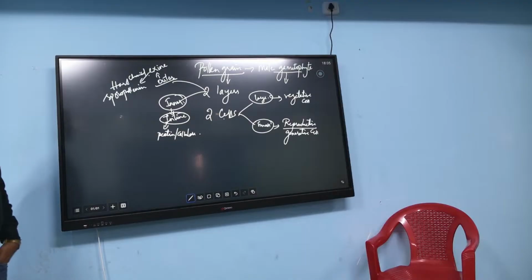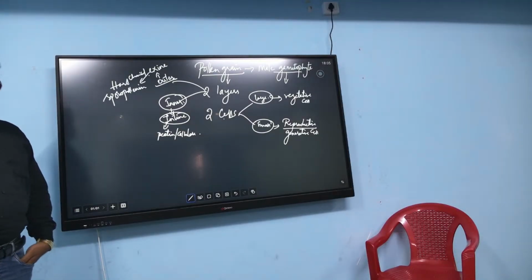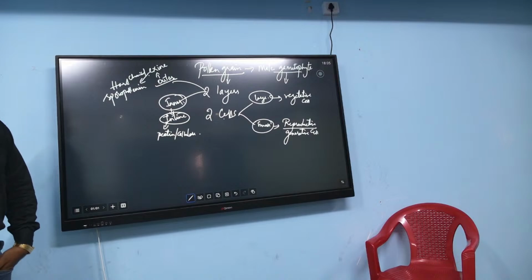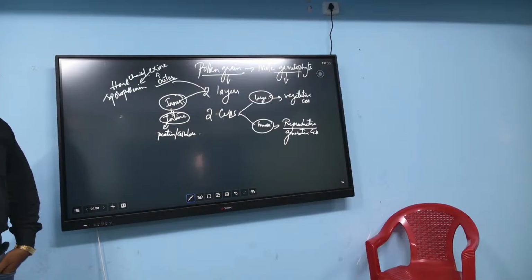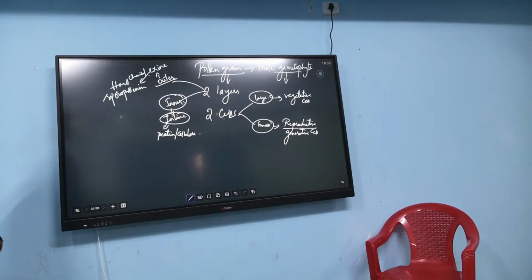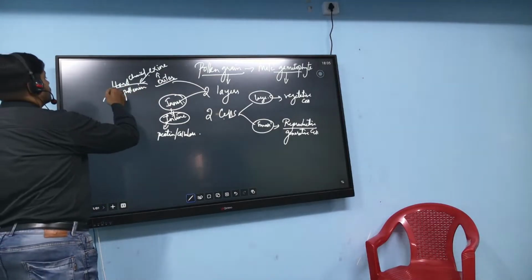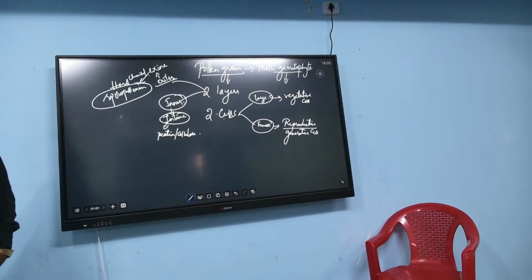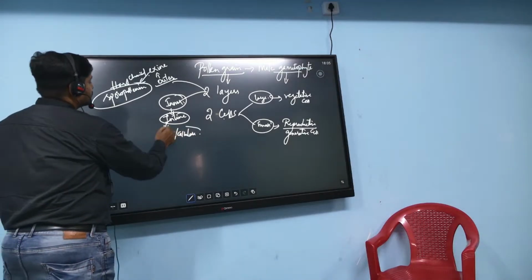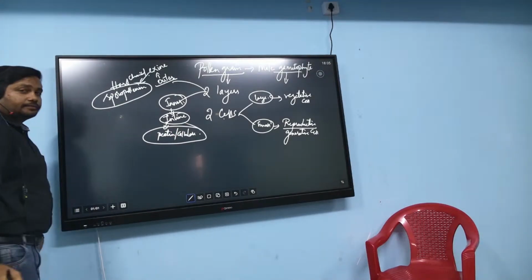The outermost layer is called exine, and the innermost layer is called intine. And there are two very important cells: one is called the vegetative cell, and one is called the reproductive or generative cell. The outermost layer consists of a strong chemical called sporopollenin, and the innermost layer is made up of cellulose or pectin.